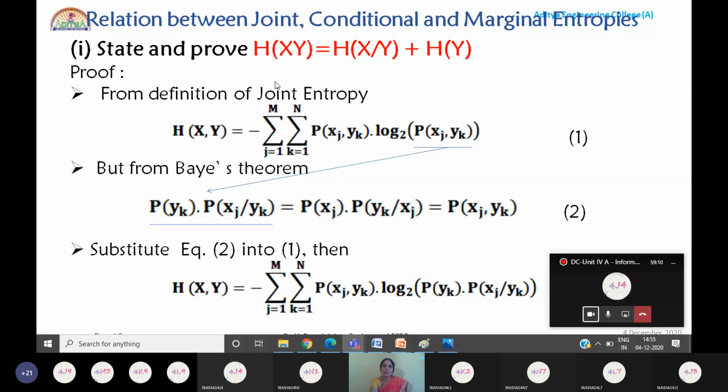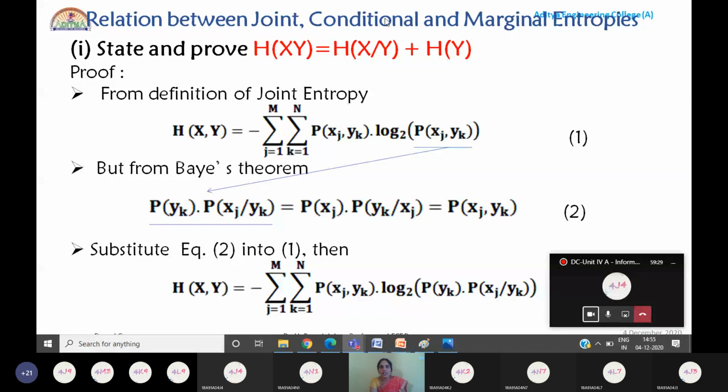First, what did we do? We took the LHS part, so we wrote the corresponding equation. Next, how can we replace that joint probability matrix using Bayes theorem? You can replace it as p of yk into p of xj by yk, or p of xj into p of yk by xj.